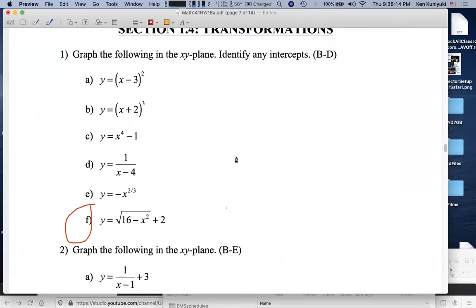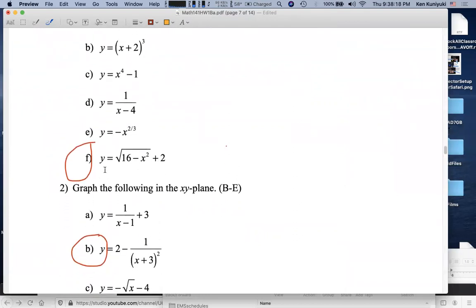Many students ask me about 1F. First off, do you remember this? y equals the square root of 16 minus x squared. Does that ring a bell?